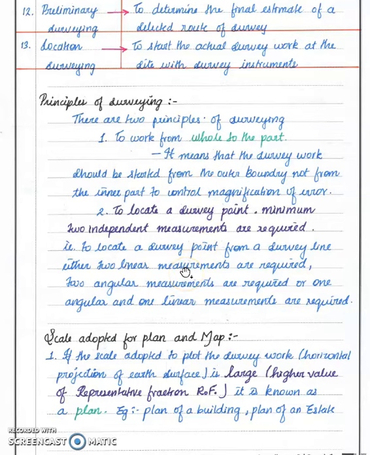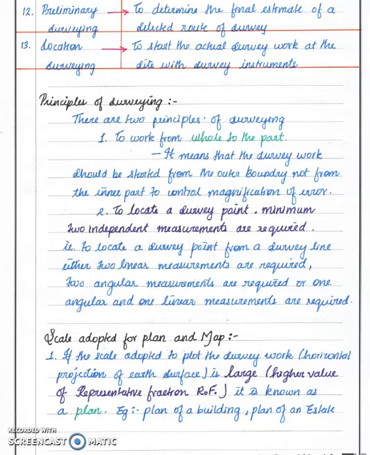And the second principle: to describe a particular point on the earth surface, we need two measurements. Those measurements may be linear measurements. With the help of two linear measurements, a particular point can be described. Or with the help of two angular measurements, the particular point can be described. Or one linear measurement and one angular measurement are required to fix a particular point.